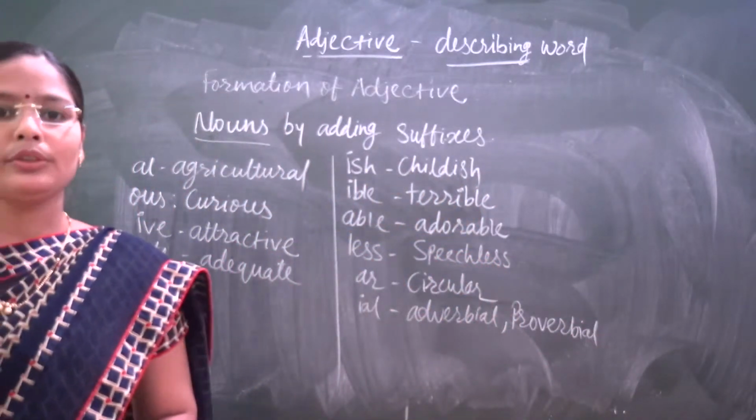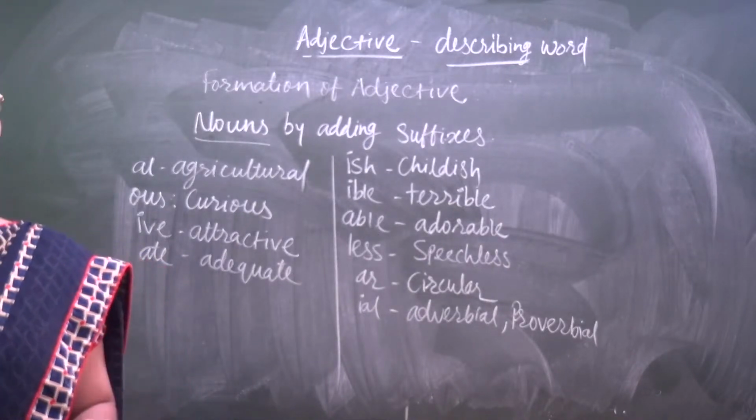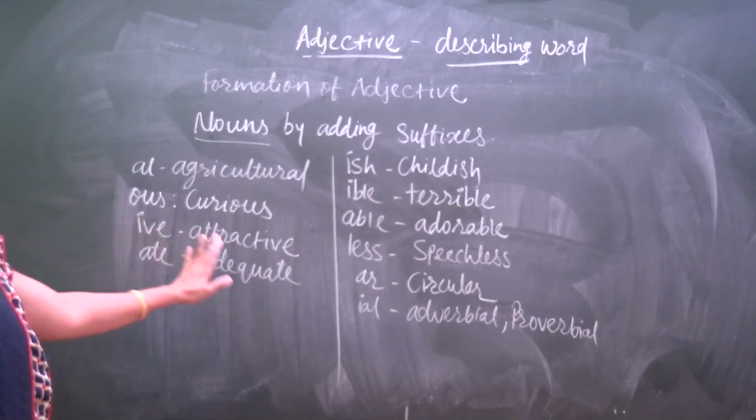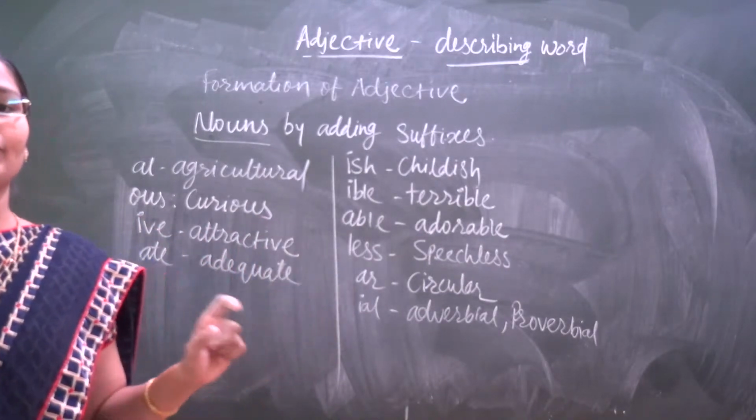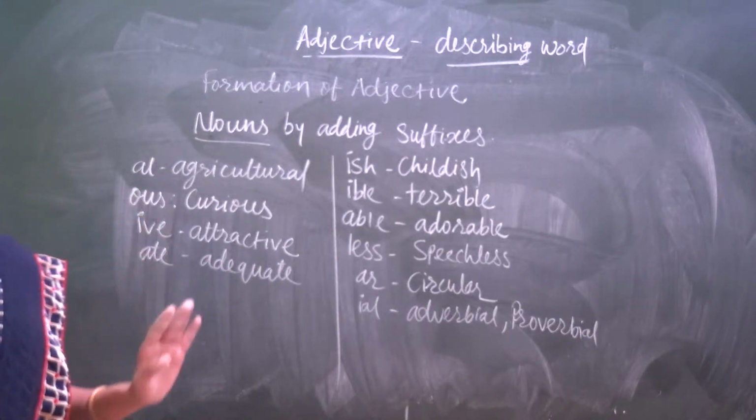So as I told you, adjectives are mainly formed from nouns by adding some suffixes. And what are these suffixes? By adding these suffixes to the noun, we can form an adjective. There are many. I gave only one example here.